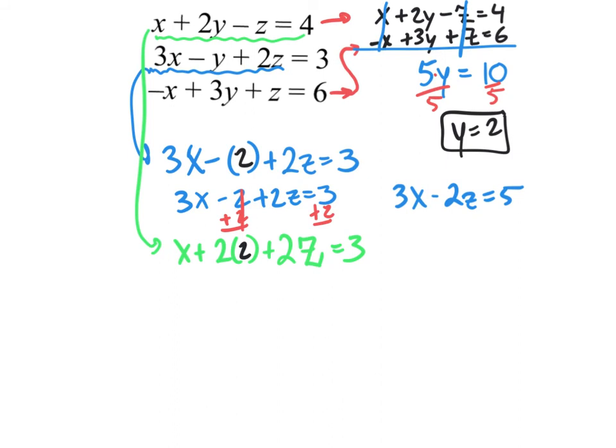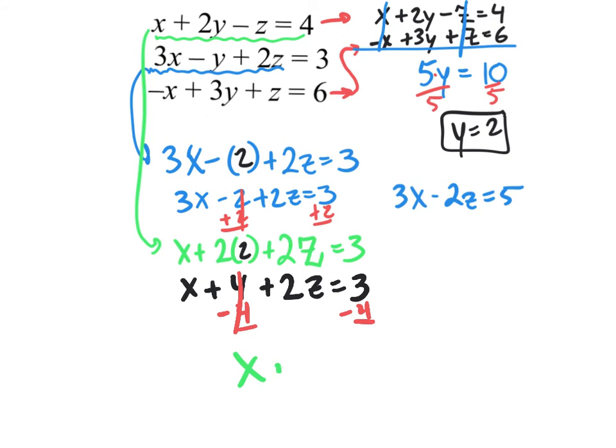And let's make it look nice with the numbers on the right side. So I really have x plus 4 plus 2z equals 3. And let's get that 4 out of there, minus 4, minus 4. I will have x plus 2z equals negative 1.